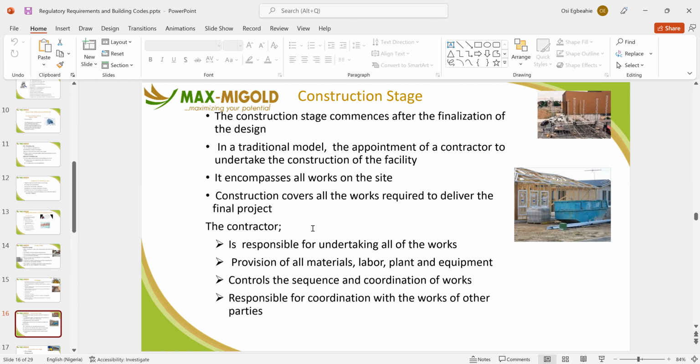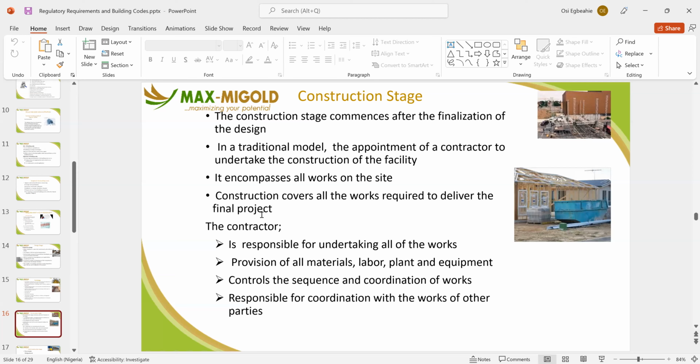Some persons will do what we call direct labor. I don't always advise direct labor, except you are in the construction field yourself. But even at that, direct labor is not always the best. It's just better you give it to a contractor. Though it may be a little more expensive, you must choose the right contractor anyway.